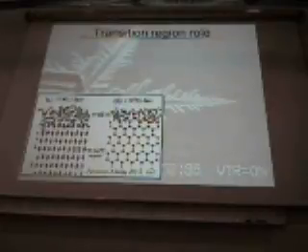I mean, when we consider the absorption of protein, we have to consider the effect of a transition region between ice and water. And this is one example of an ice crystal surface which was obtained by MD simulation, and you can see the quasi-liquid layer on the ice crystal surface.